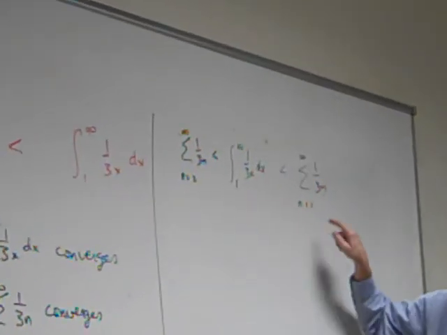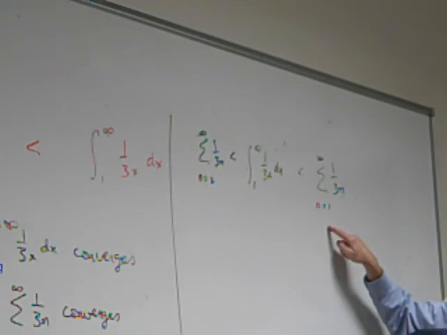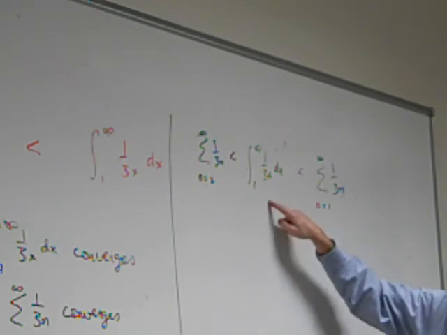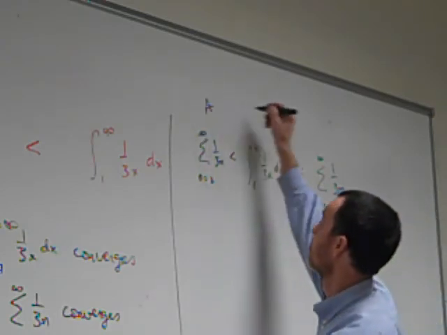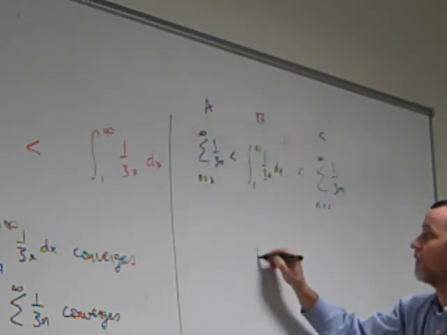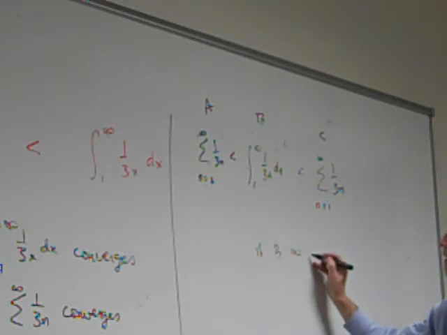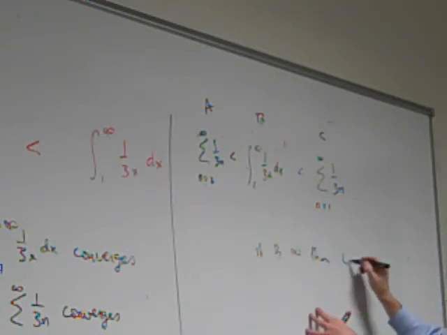If this one's infinity and this one's bigger, it's got to be infinite, right? So if B is infinite, then definitely C is infinite. But not necessarily the other way.